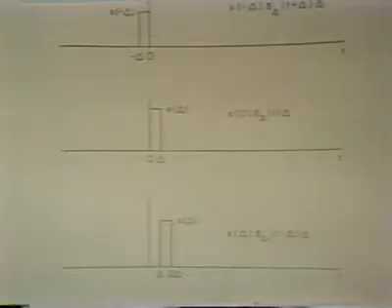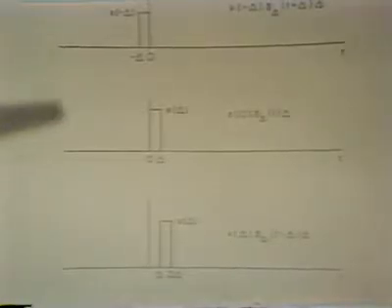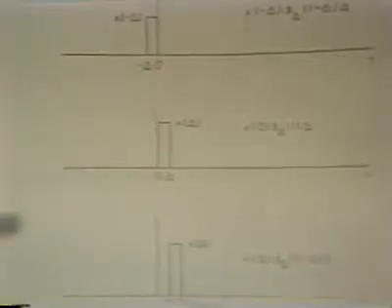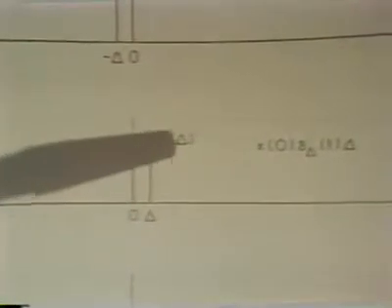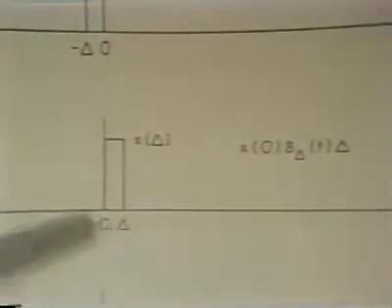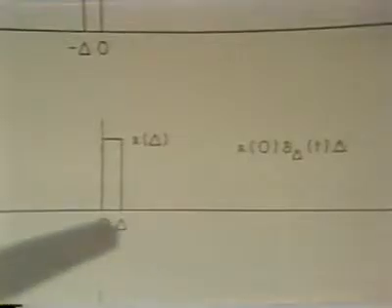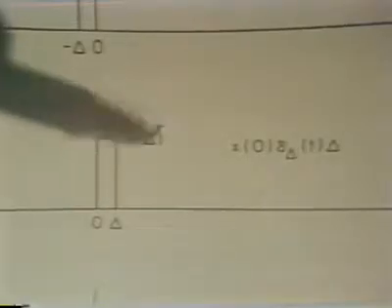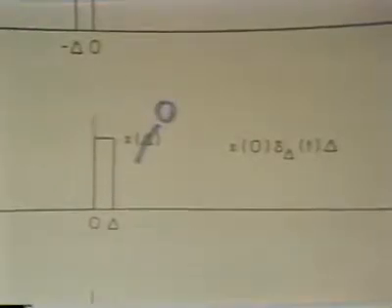Now let's look specifically at the rectangle, for example, starting at 0 and ending at delta. And the amplitude of it is x of delta. And so what we have, actually this should be x of 0. And so let me just correct that here. That's x of 0.